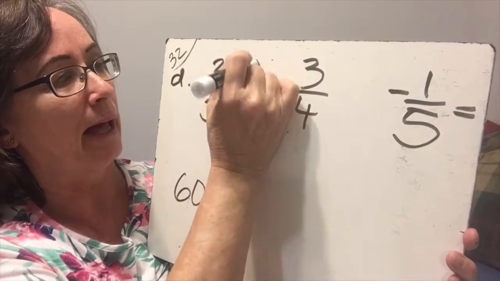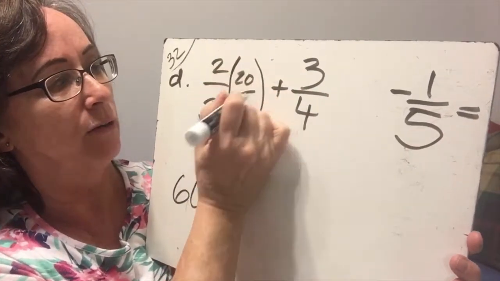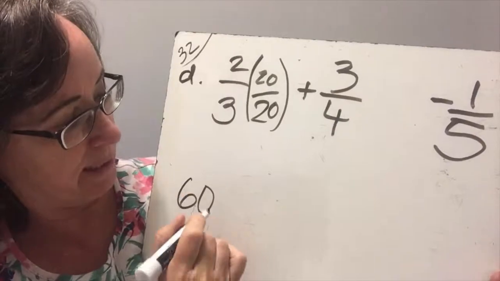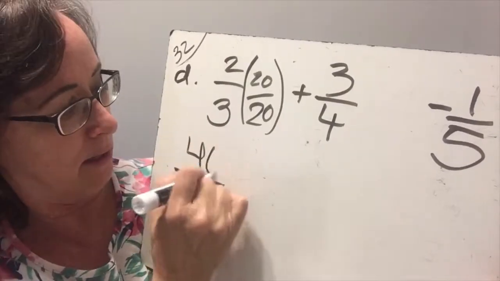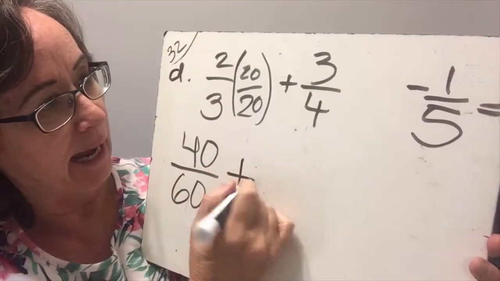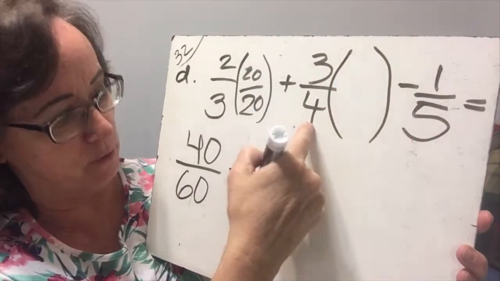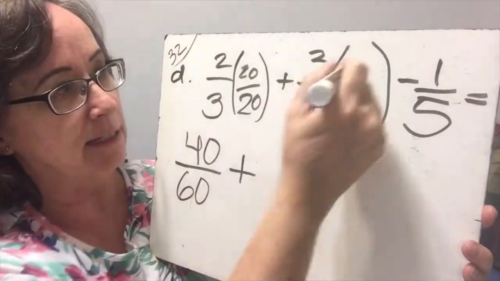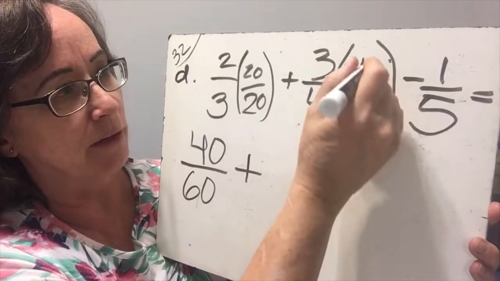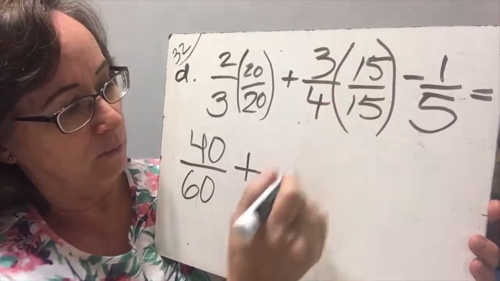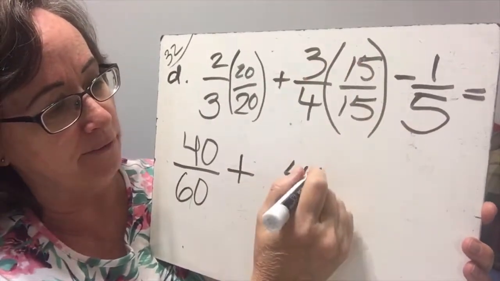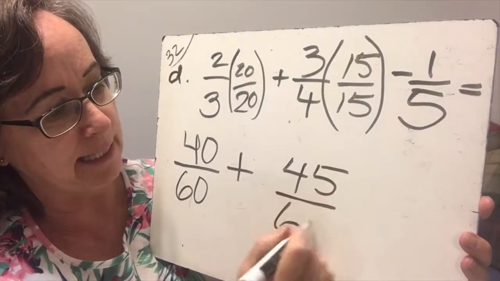So we're going to multiply by 20 over 20, which is going to give us 40 over 60. And then we're going to multiply the 4 by 15, so 15 over 15, which gives us 45 over 60.